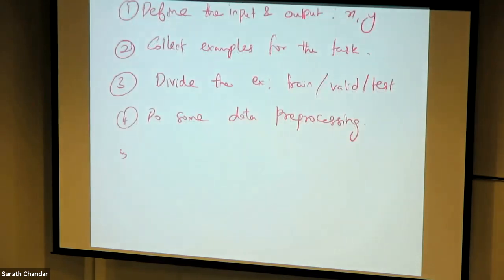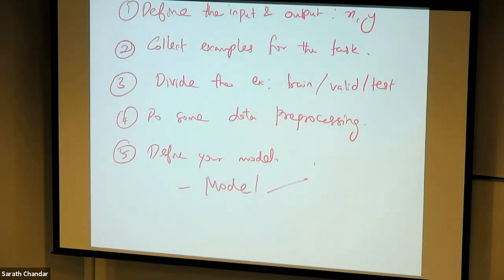Then you define your model. You have to decide which model you're going to use. Now this model will consist of parameters and hyperparameters. For every model, you should know what is the parameter and what is the hyperparameter.